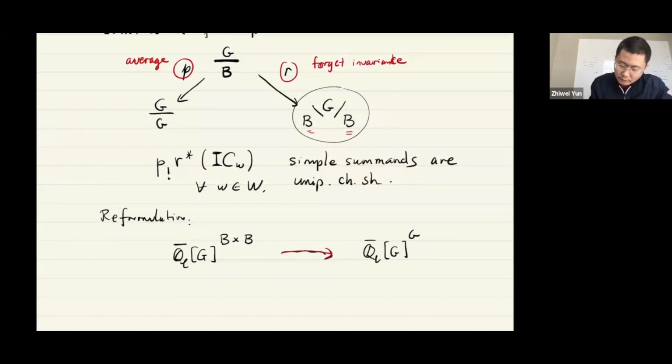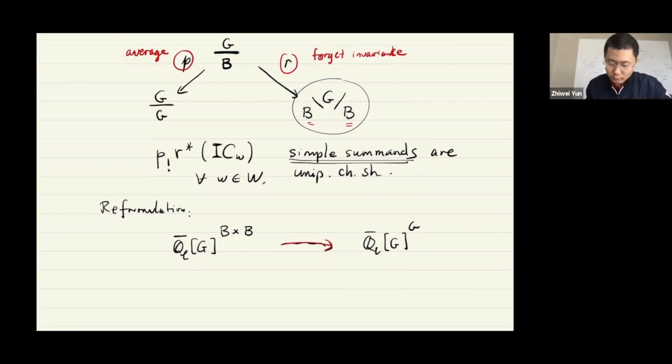So far it makes sense function theoretically, but the last step of extracting summands doesn't make sense function theoretically, and that's the power of geometrization. It allows you to get more interesting objects.